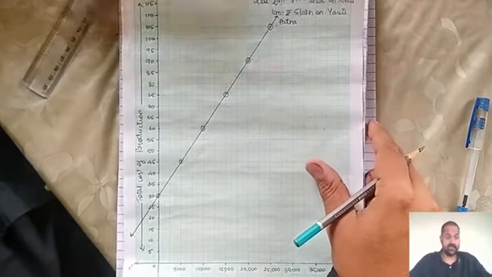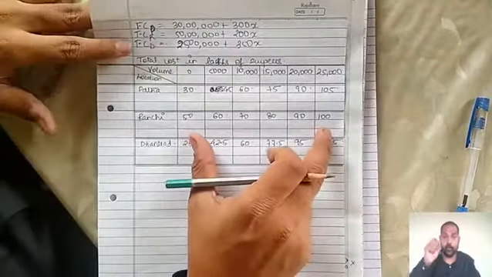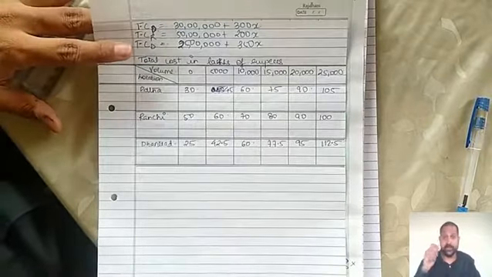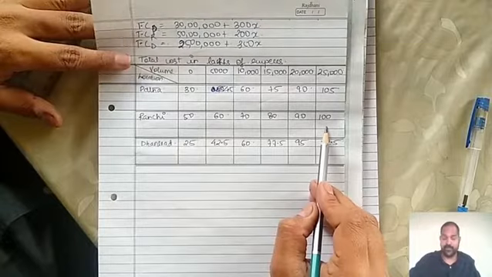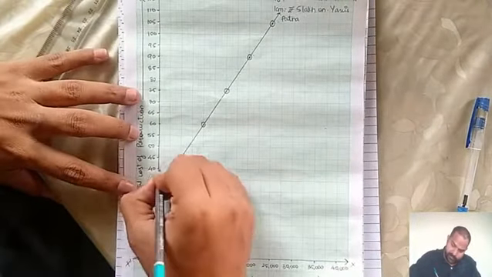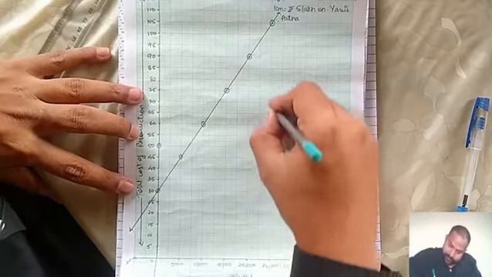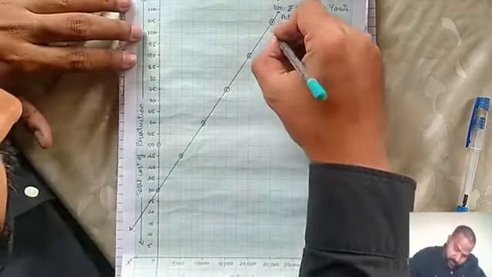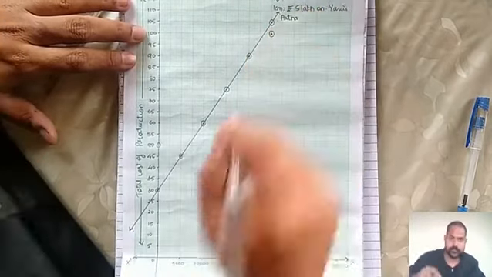Fine then. Let's start with Ranchi. Now, are we going to plot all? No. Pick any two far away but good points, easy to plot. So at 0, it is 50, and at 25,000, it is 100.